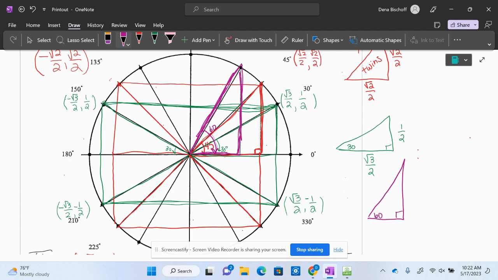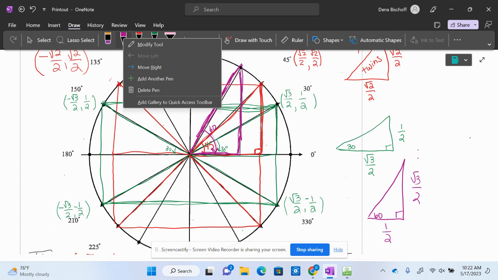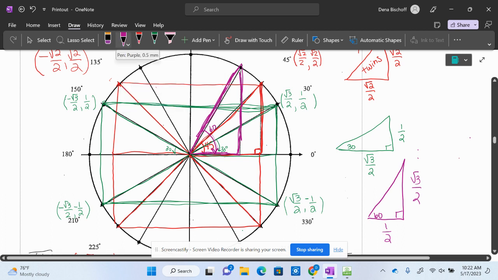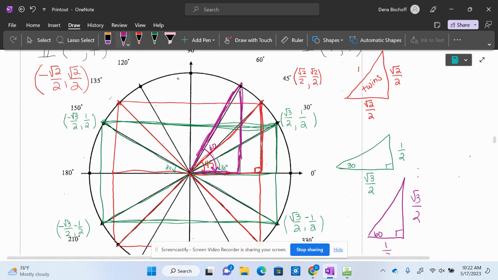So this is my 60 degree measure. Well, again, I have a long side and a short side. Remember, the short side is 1/2. The long side is the square root of 3 over 2. So that means my x coordinate is now the short side. So my x coordinate is 1/2. And my y coordinate is the long side, square root of 3 over 2.